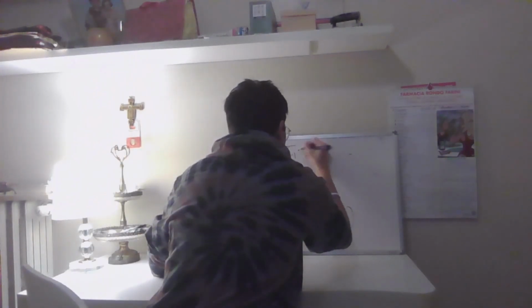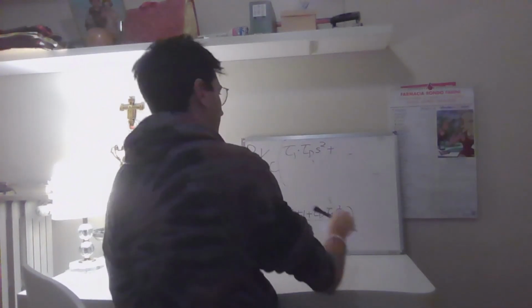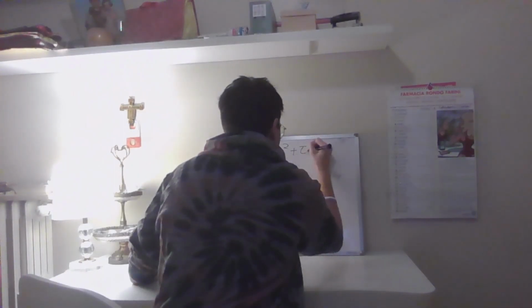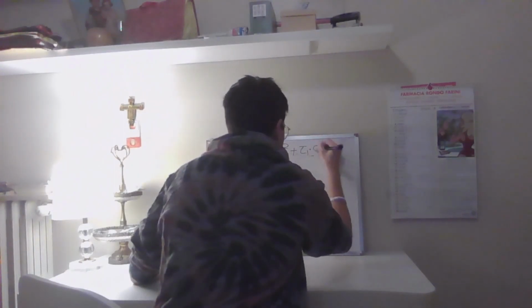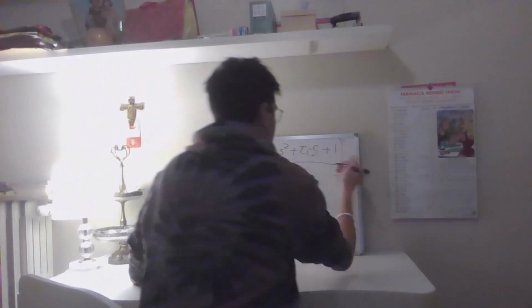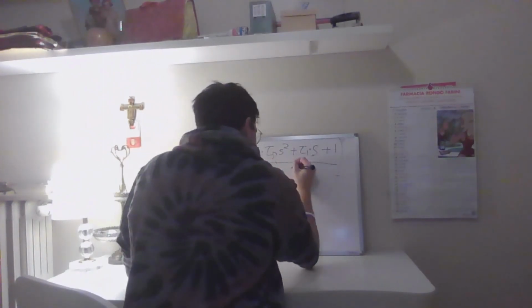I almost lost that. Times tau d s squared. And we're going to have tau I plus s. Tau I times s, and then plus 1. All that is also going to be over tau I times s.